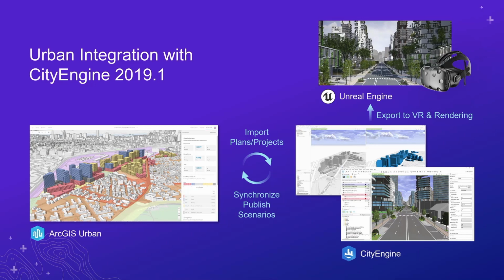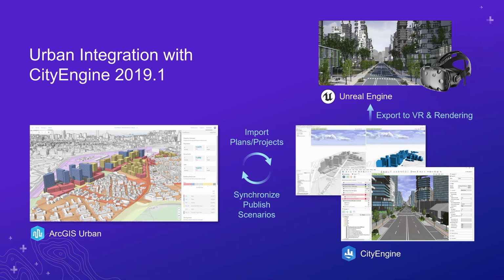And then synchronize those changes back up to ArcGIS Urban and publish your more compelling visual as a scenario in a plan. You can also use CityEngine as your way of publishing projects to ArcGIS Urban. So it's a nice way to get 3D models into ArcGIS Urban until we have that project submission workflow later this year with the 2.1 release.